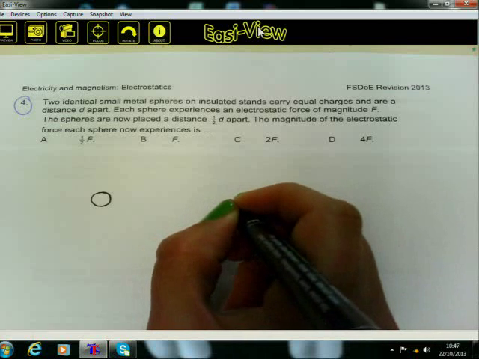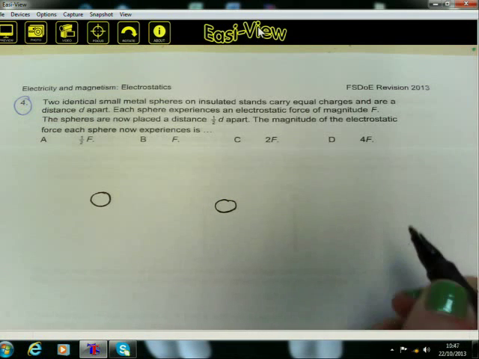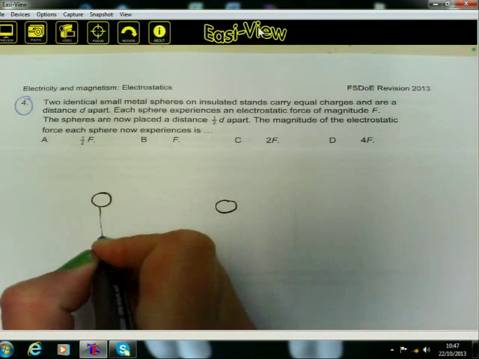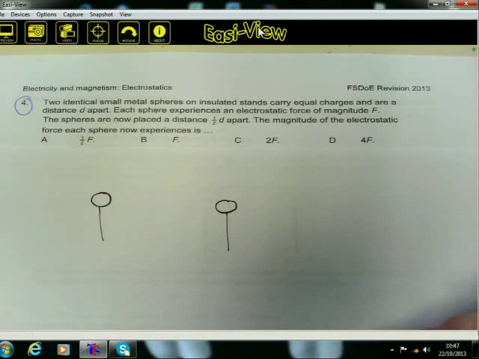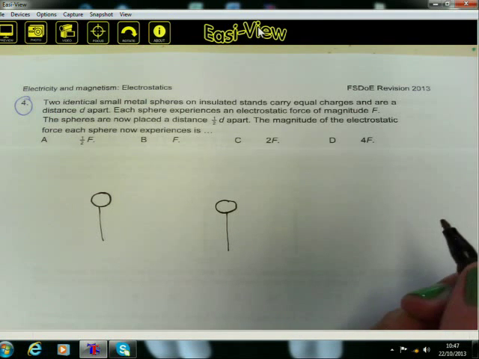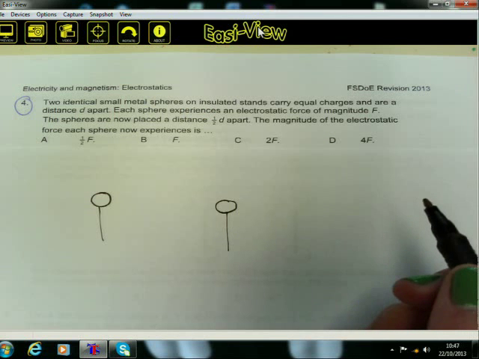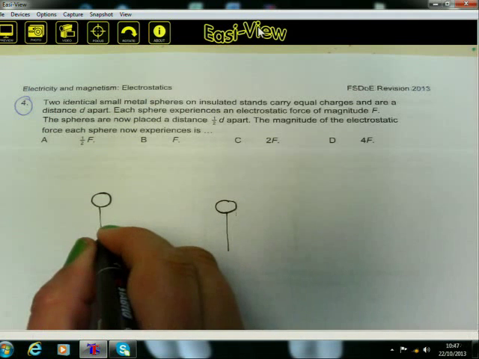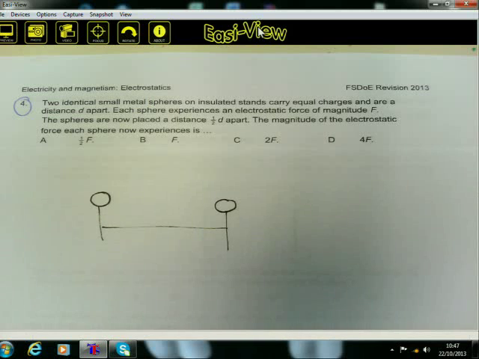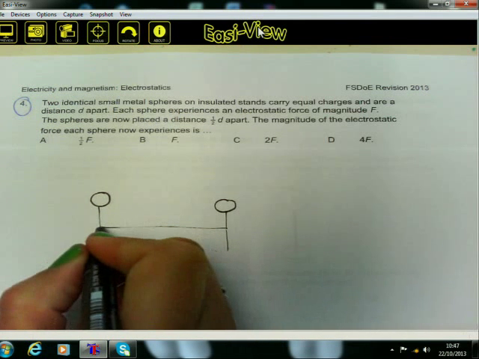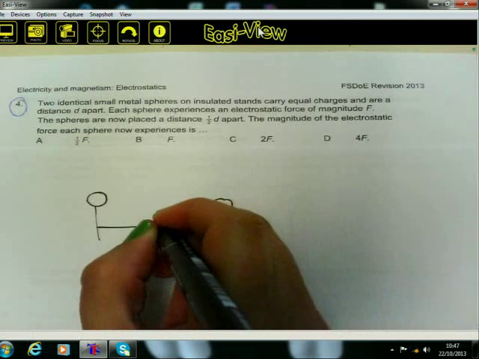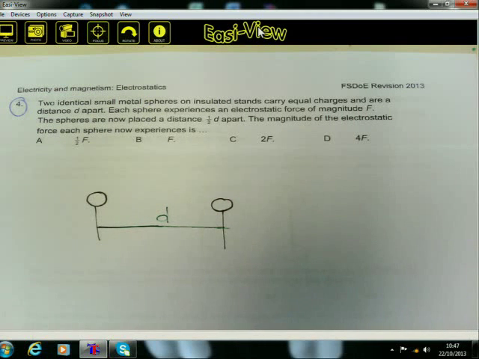Two identical small metal spheres on stands, so we can draw the stand, carry equal charges and are distance d apart from each other. So let me just get another pen. Okay, so the distance, oh, this one doesn't work either.